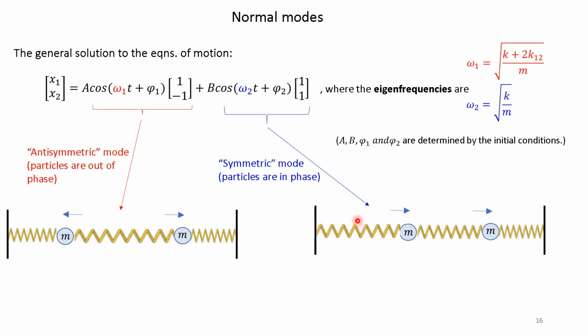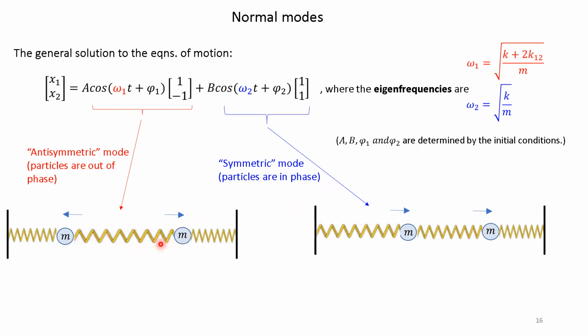So you can see that these two modes, which are called the normal modes, or oscillation modes, have different frequencies, as we have solved already. In fact, one of them has a higher frequency than the other, because of this k plus something.